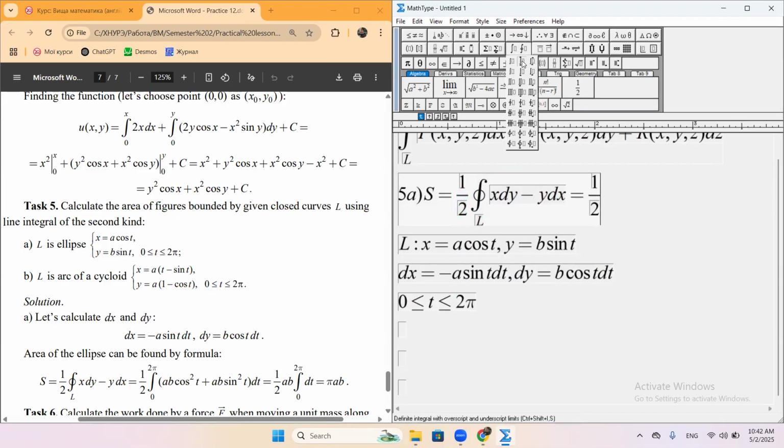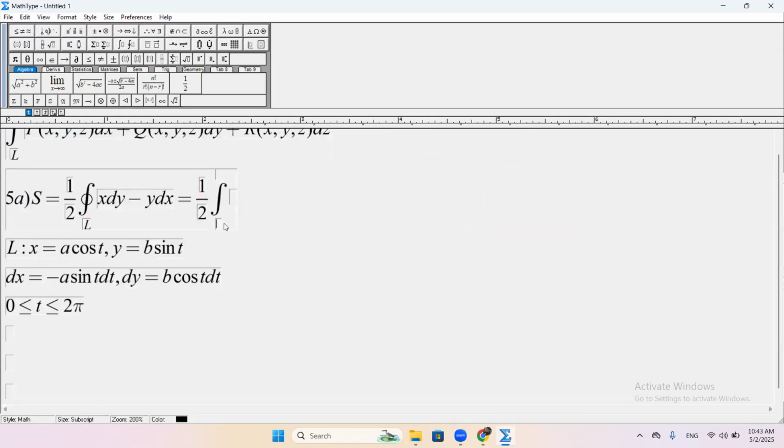Now let's write down the integral from 0 to 2π. x dy gives ab cosine square of t. And y dx gives minus ab sine square of t, but here is minus as well, so plus ab sine square of t dt.